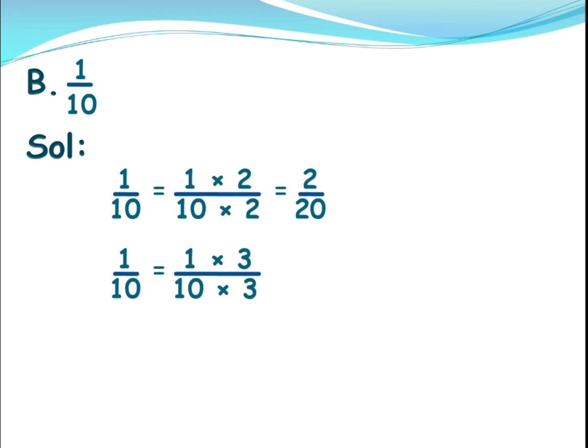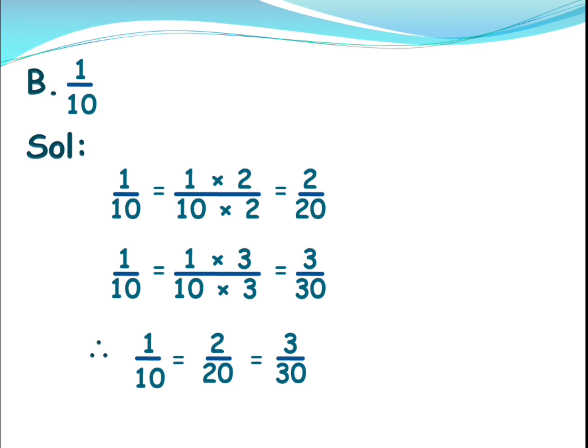Same number, no? 3 I'm multiplying in numerator as well as in the denominator. So 3 into 1 will be 3 and 10 into 3 will be 30, isn't it? 10 3s are 30. Yes, so we can write that 1 by 10 is equal to 2 by 20 and that is equal to 3 by 30.